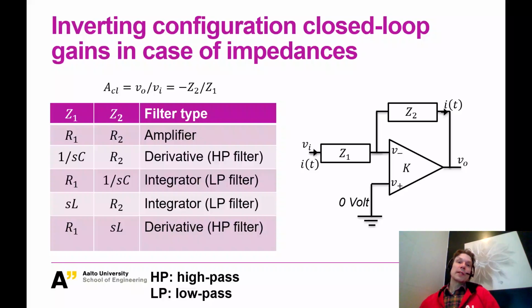So if you select this type of setup, typical capacitor values are in the order of picofarads or less than microfarads maybe, and typical resistance values are tens of kilo ohms.